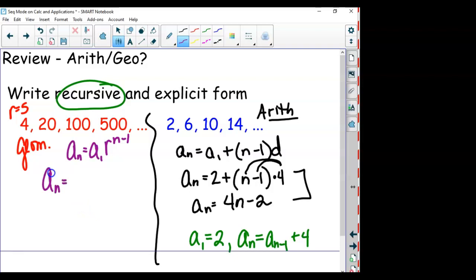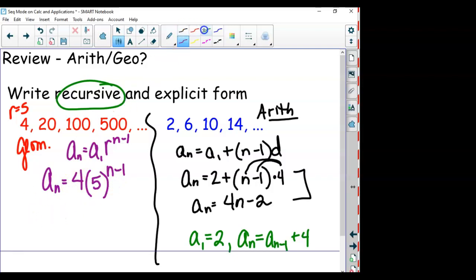A sub n equals 4 times 5 to the n minus 1. And you don't have to have the parentheses. You could just have a dot for multiply here. But can you do 4 times 5 is 20? No. All right, and that's it for explicit.